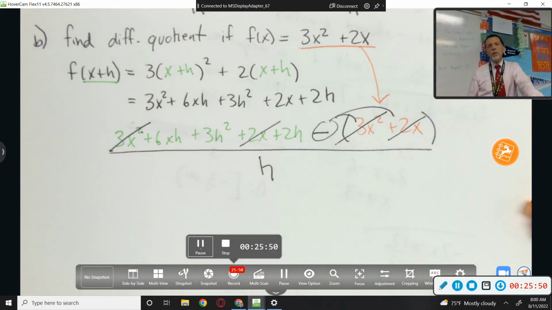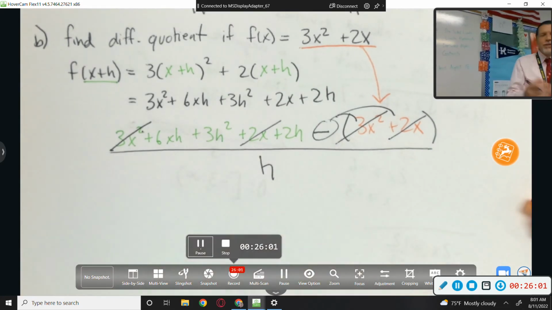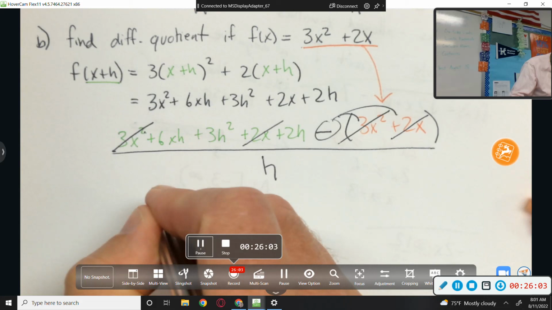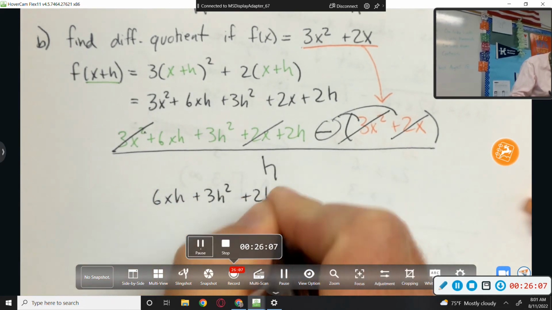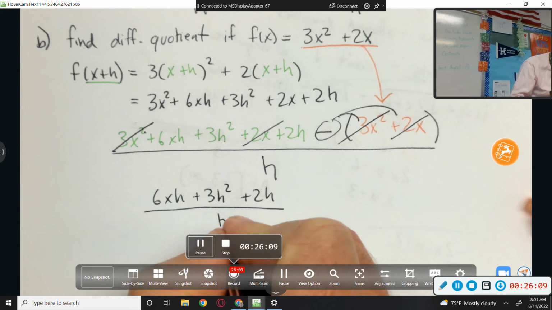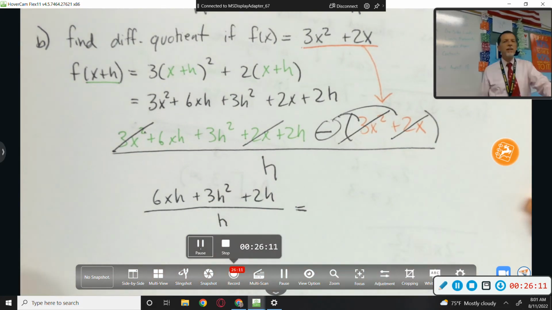Now, some of you will try to be super efficient and write the final answer from there, and some of you will be correct, and some of you will mess it up. So I'm going to take the time to rewrite. You don't want to do too much on one line or you get confused. So I'm going to rewrite what I've got, even though I know what the next step is, just to be careful here.